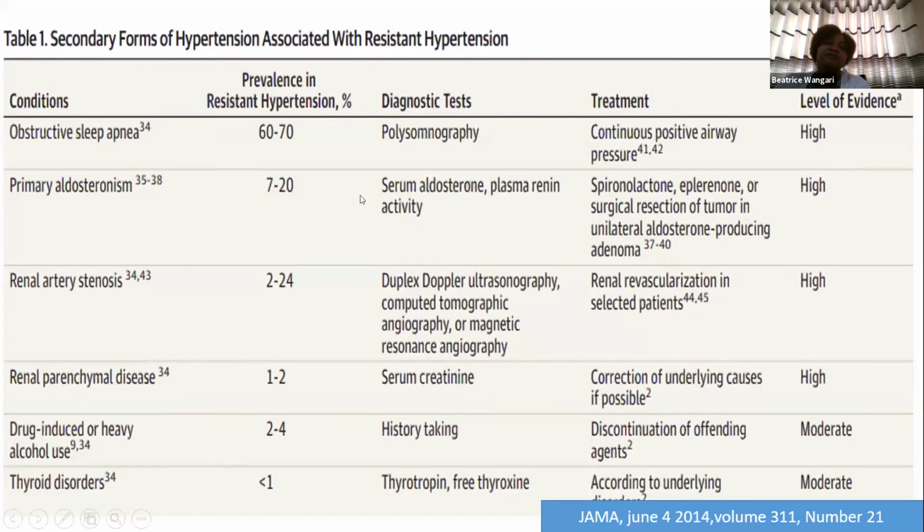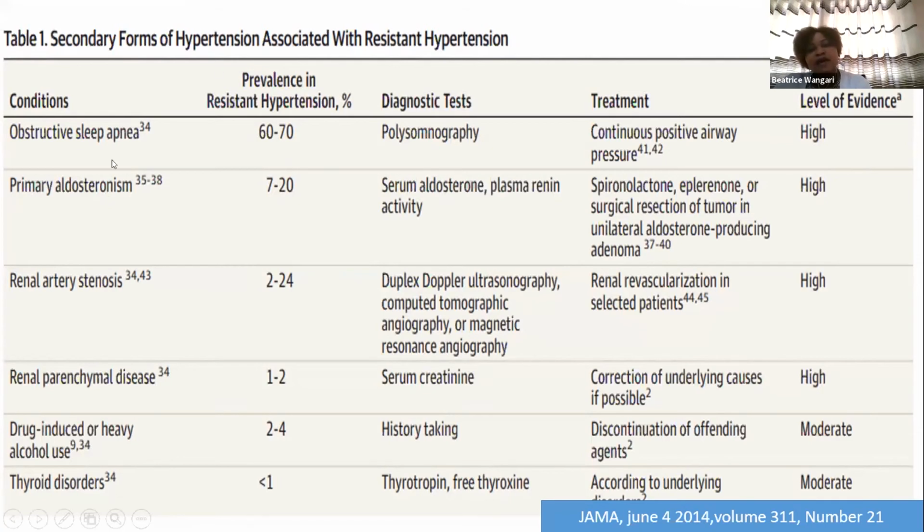Primary aldosteronism, renal artery stenosis, renal parenchymal disease, and drug-induced causes, or rather concurrently taking medications that increase blood pressures, and heavy alcohol use also contributed to this. Also, thyroid disorders, both hyperthyroidism and hypothyroidism. And so these need to be diagnosed.